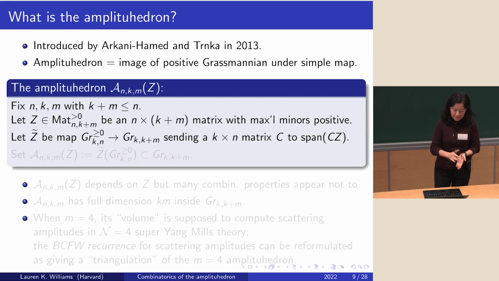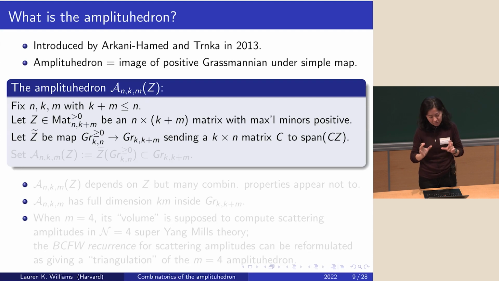And this map is a map from the positive Grassmannian of k-planes in n-space to the Grassmannian of k-planes in k plus m space. And it's really simple. I just start from my k by n matrix C, representing a point in the positive Grassmannian, and I just do matrix multiplication. I map C to CZ.